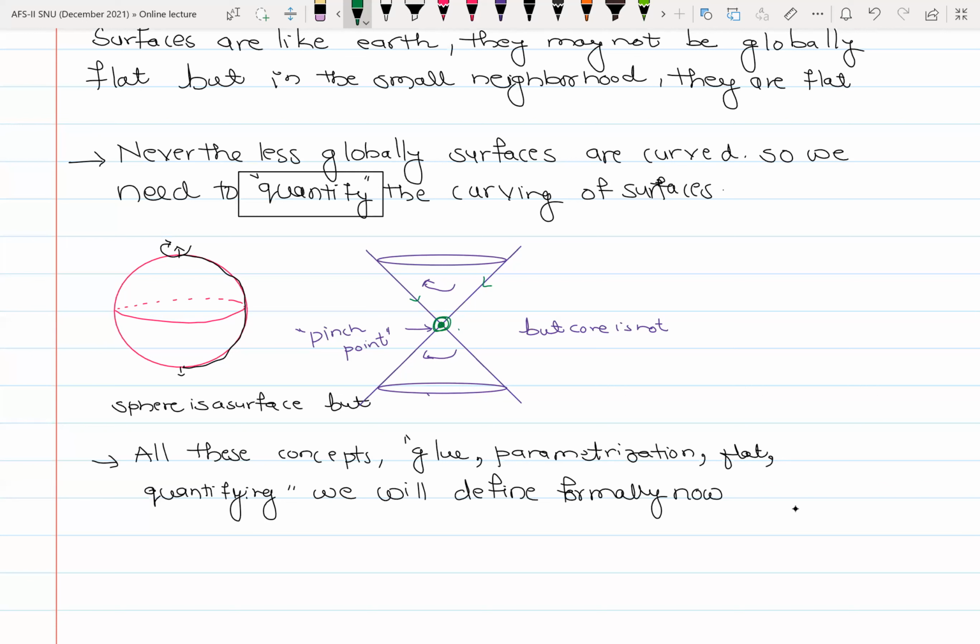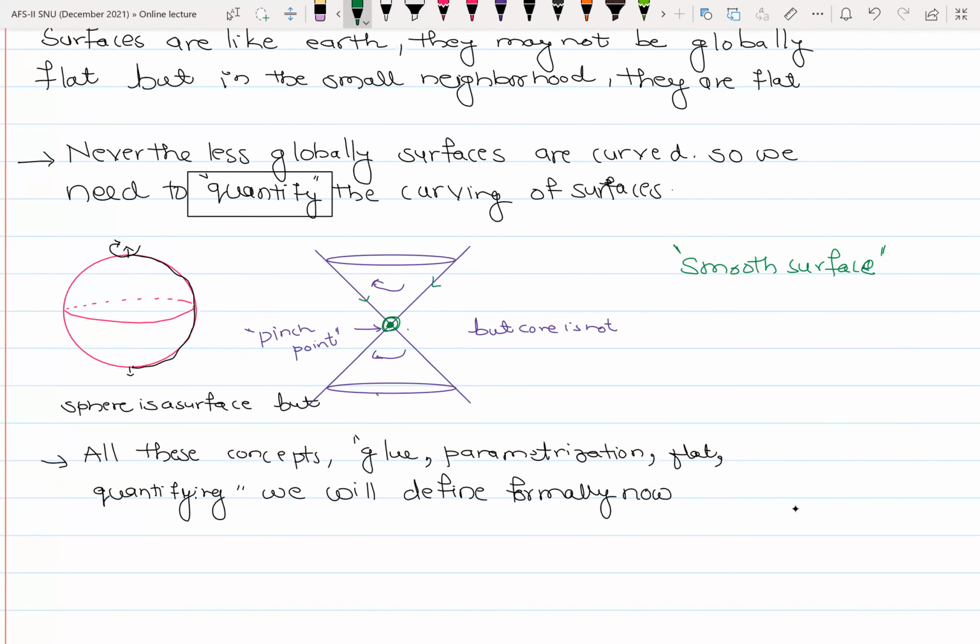We will make our definition precise to see why this is not a surface, because we are pinching here, and we will prove this fact. Another thing is also not okay, because we are planning to study something called smooth surfaces, right? You must already know about it. So we are not going to talk about just topology. We are also going to talk about something called smooth surfaces.